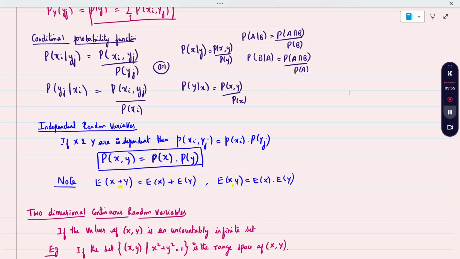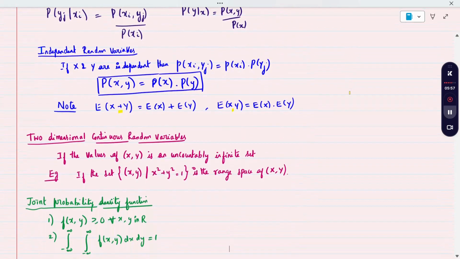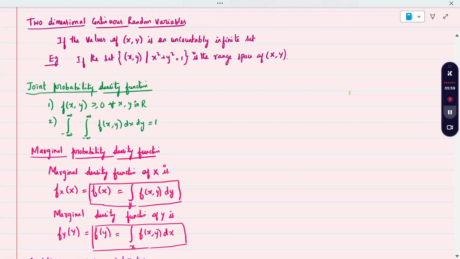Now the same concept, you come to a two-dimensional continuous random variable. If the values of x comma y form an uncountably infinite set, if ranges are given, it is a continuous random variable. For example, the set of x comma y where x squared plus y squared equals 1 is a range space of x comma y. Same concept, we have three sets of formulas.